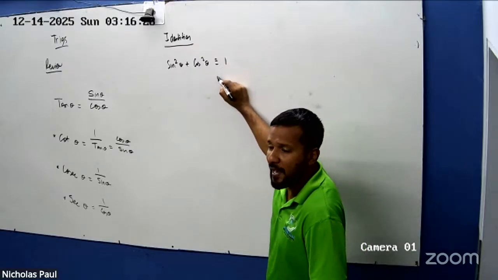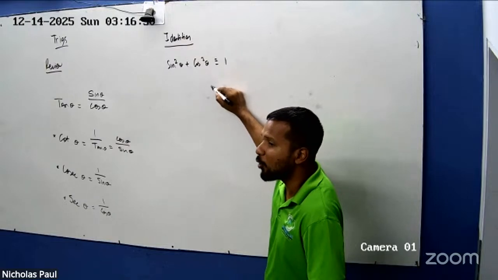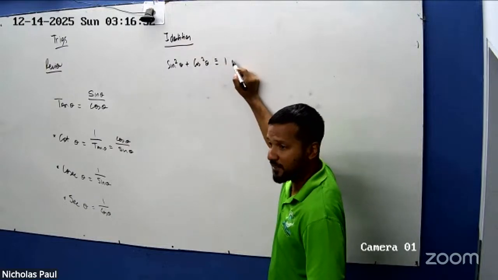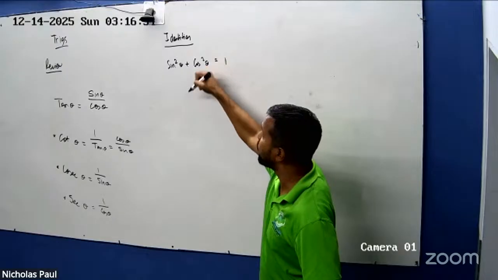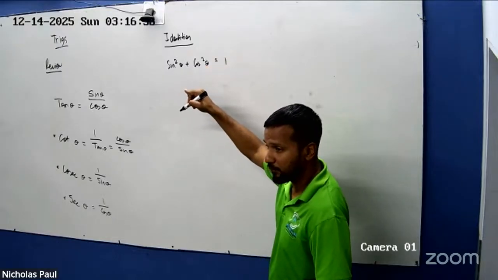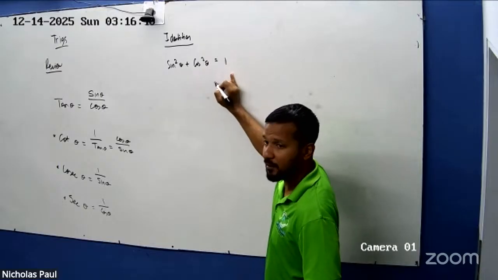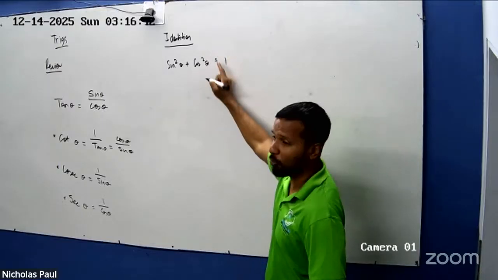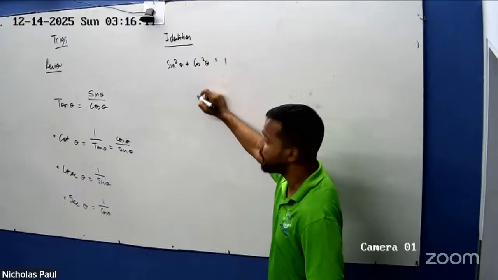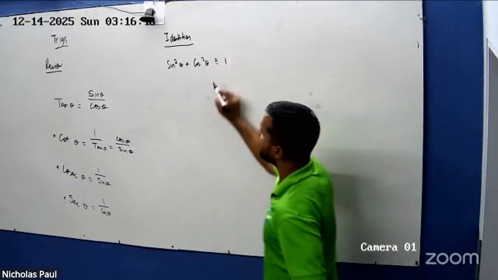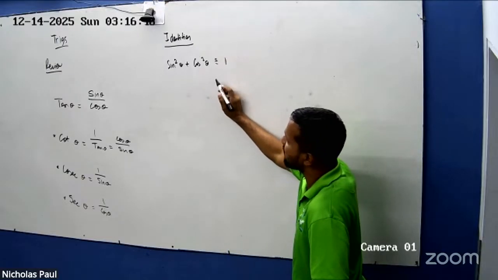These three lines mean equivalent, so you're not allowed to carry across and solve. Only when it has two lines, you can solve. That's okay? Three lines mean you have to leave it as it is. You don't have the ability to move across and manipulate. All right? So we should know this. Sine squared theta plus cos squared theta is 1.